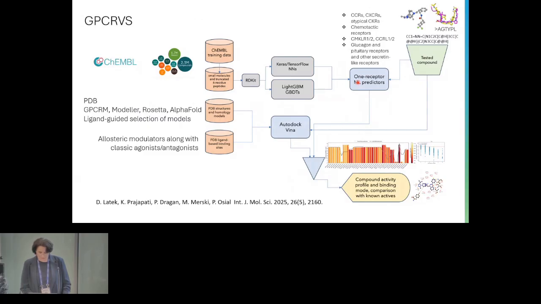They can also be inhibitors. GPCR structures and models are used in molecular docking to estimate ligand binding affinity and its possible binding modes. Finally, results of all three components are taken together to provide activity profiles that are unique to each tested compound.